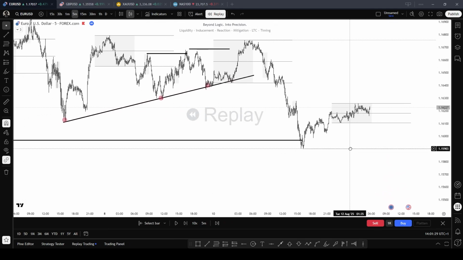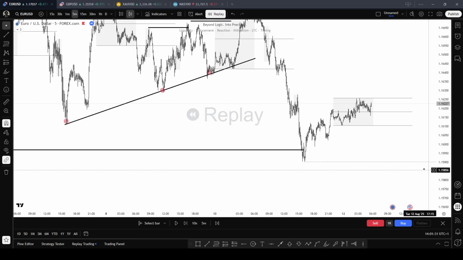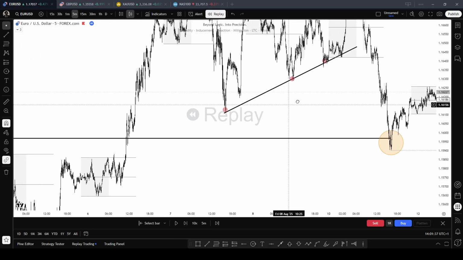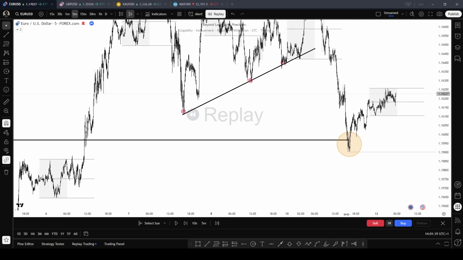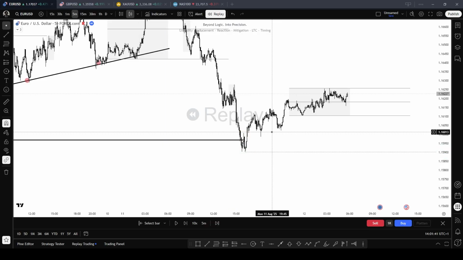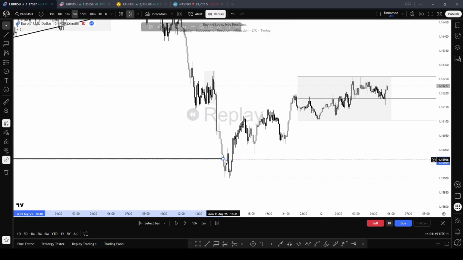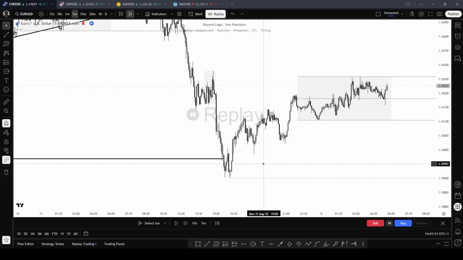And now the key point in here is that we understand the reaction from this inducement of trendline liquidity and the tap of the high time frame IPA level, right? And obviously, if we understand the reaction properly, we will understand the intentions of the market.